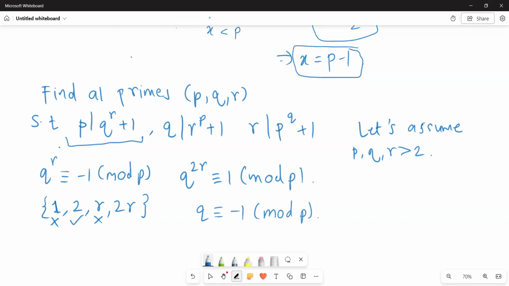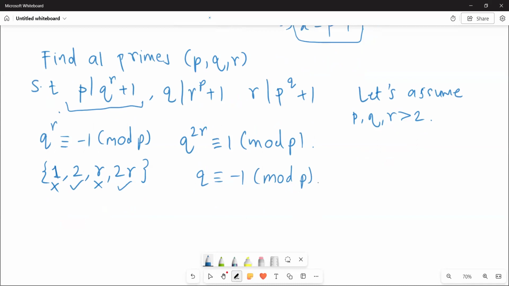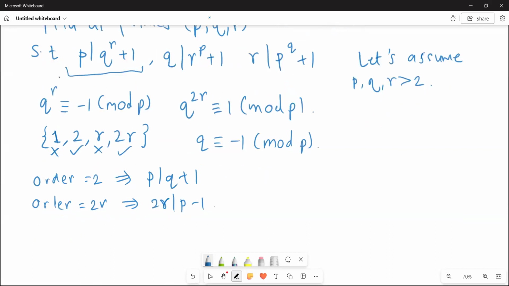So the order can be 2 or 2r. So if the order is 2, then that just means p divides q plus 1. Otherwise, order is 2r, and that implies 2r divides p minus 1, right? And we'll get something similar for these two cases also.